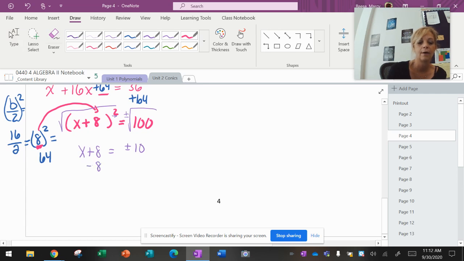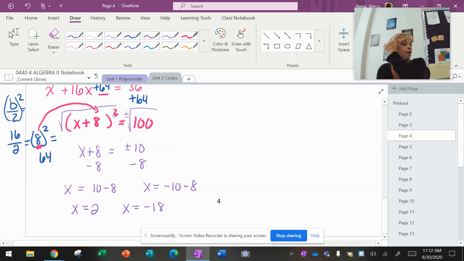And then because this is a 10 and negative 10, we can separate it. So we're going to say 10 minus 8, negative 10 minus 8. So I get x equals 2 and x equals negative 18. And there are my two answers.